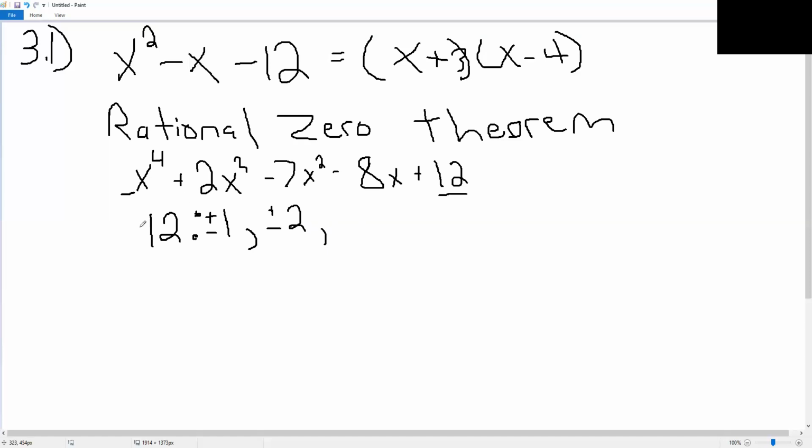And 3 times 4 is 12, so plus and minus 3. Now, 4 times 3 is 12, so plus and minus 4. 6 times 2 is 12, so we're going to do that. And then I think the last one is just 12. Okay.